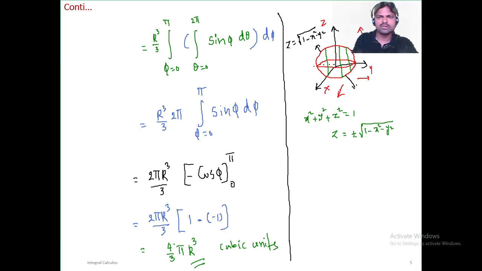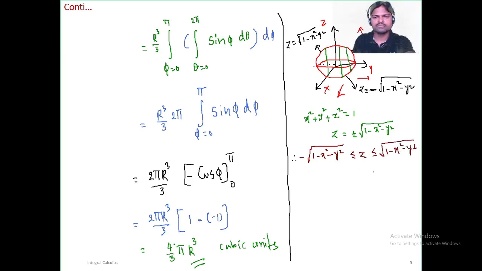So this surface will be z is equal to minus square root over 1 minus x square minus y square. So z is varying from minus square root over 1 minus x square minus y square to plus square root over 1 minus x square minus y square. Okay, z limits are over.